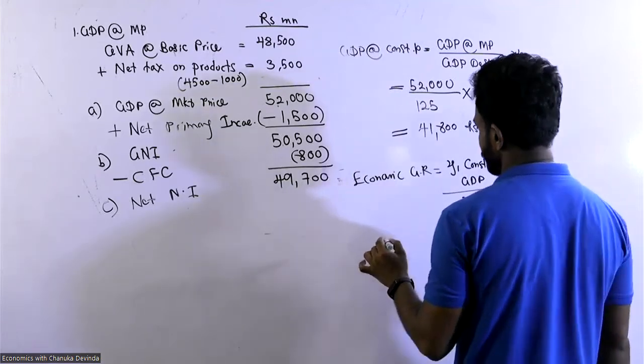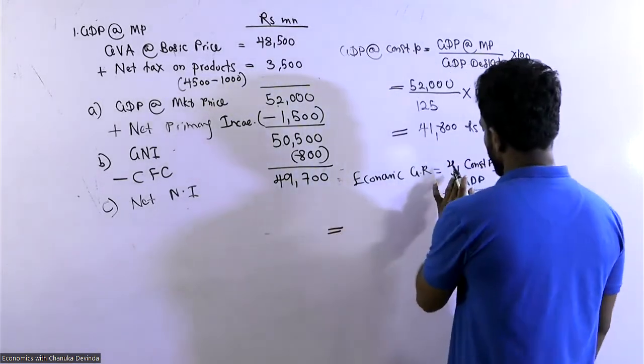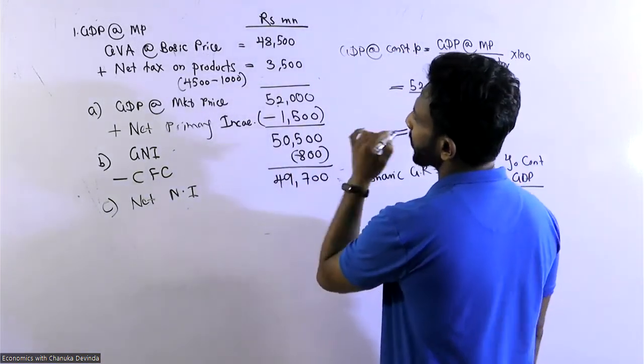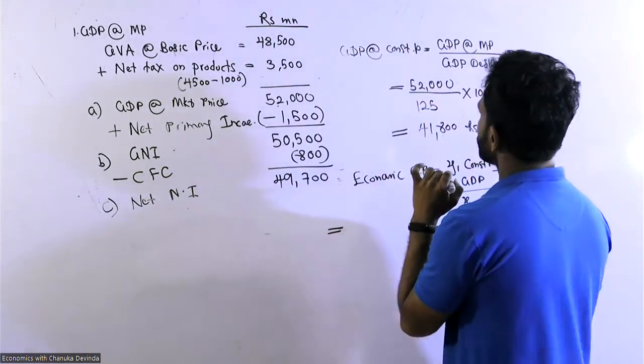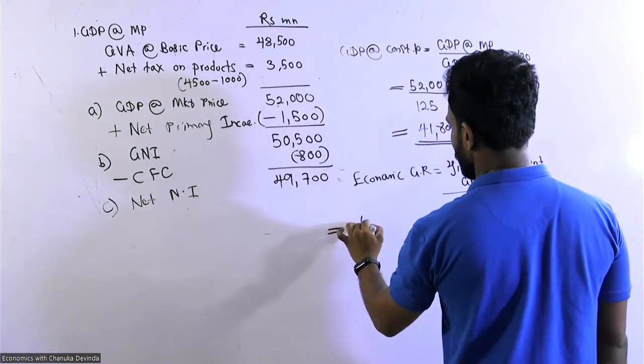Let me substitute. Year 1 constant price GDP, that is the current year's constant price GDP, we calculated it, 41,800.